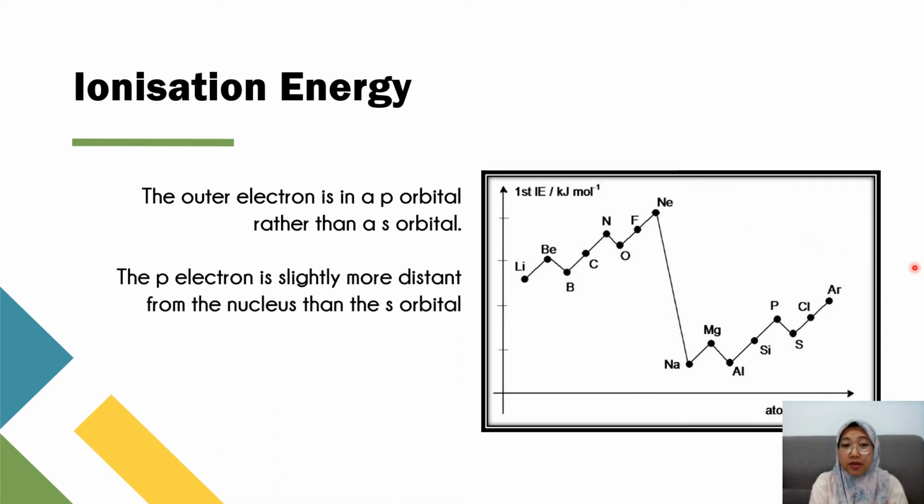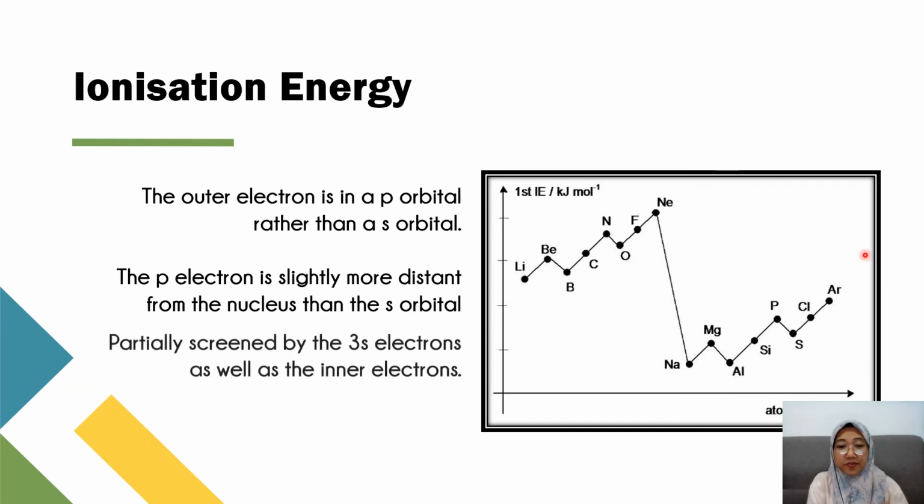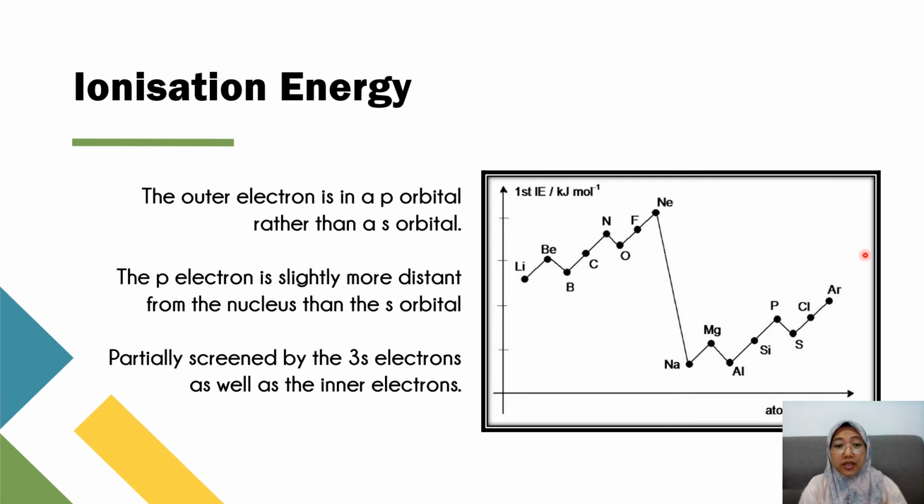And this p orbital is slightly more distant from the nucleus. Okay. So kedudukan p ni dia jauh sikit daripada nucleus compare dengan s orbital. Therefore, they are partially screened by the 3s electron as well as the inner electrons. Okay, ini 3s electron untuk aluminium lah.